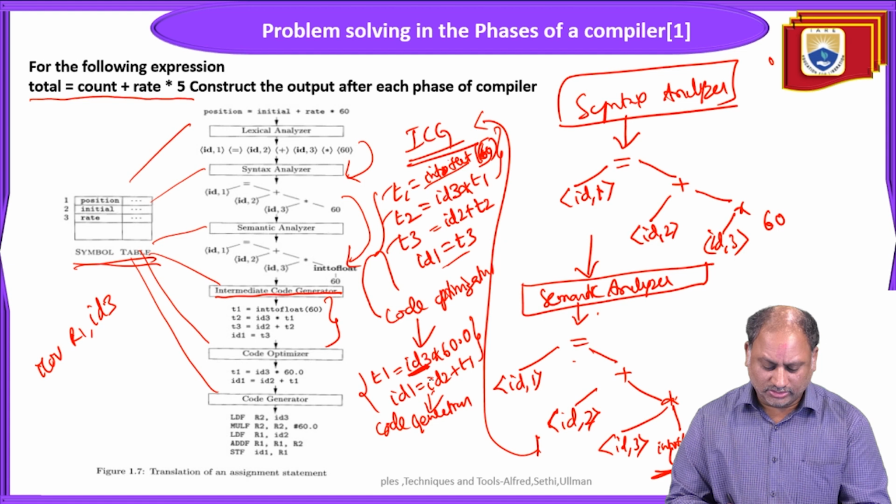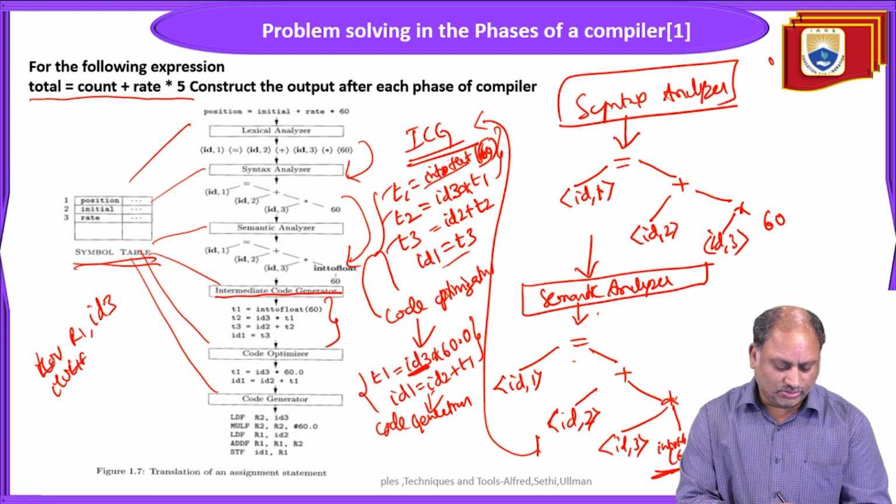Now we are going to multiply this with the constant, and the result is stored in R1. So we have here load F or move F.